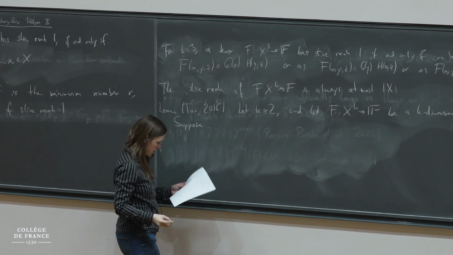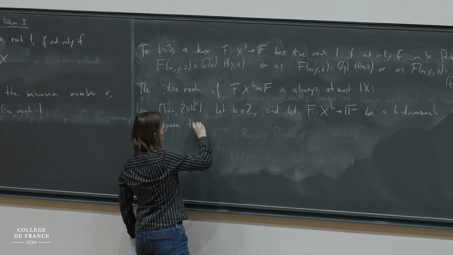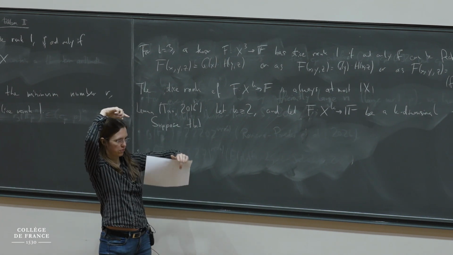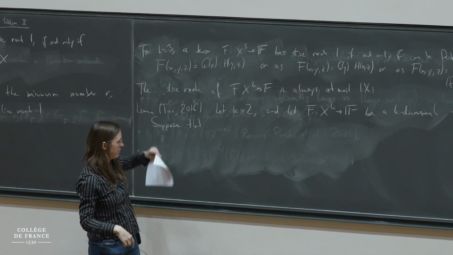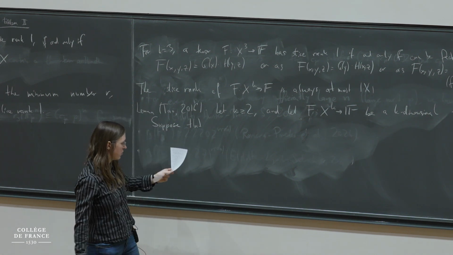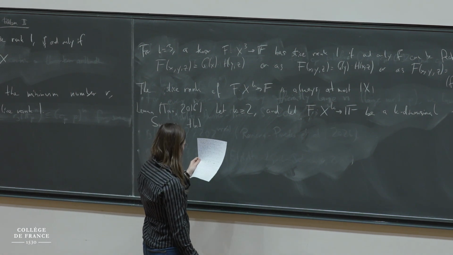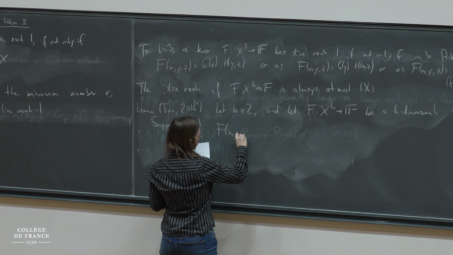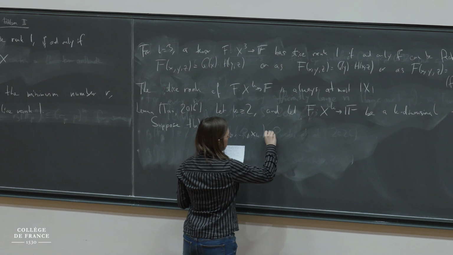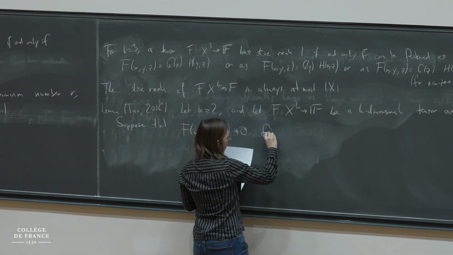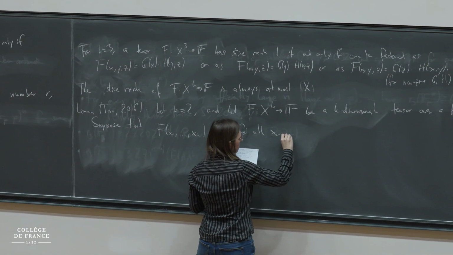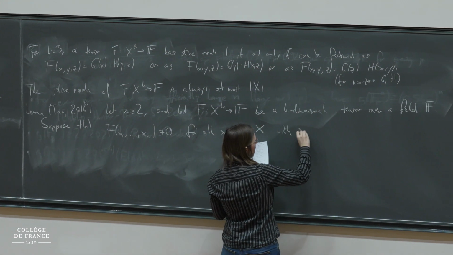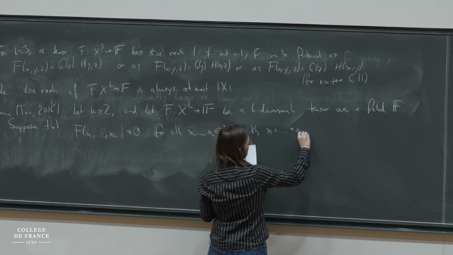Suppose that if we go along the main diagonal, so if you think of a 3-dimensional hypercube, the one main diagonal from one corner to the exact opposite corner, on that main diagonal all entries are non-zero. In other words, f of x1 to xk is non-zero for all x1 to xk in x which are on the main diagonal, so which have x1 equals and so on equals xk.